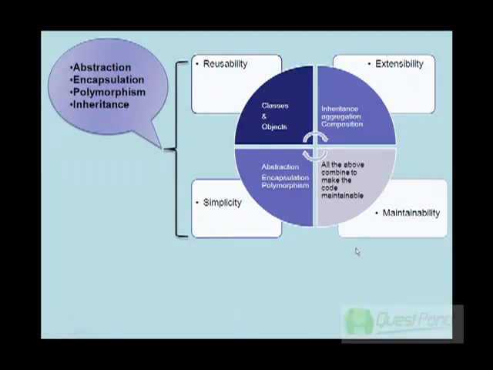As we discussed in our previous video, there are four different issues with functional programming. Now let's understand how object-oriented programming helps us resolve these four problems. Let's start with the first one, that is reusability. In order to address reusability, object-oriented programming has provided something called classes and objects.